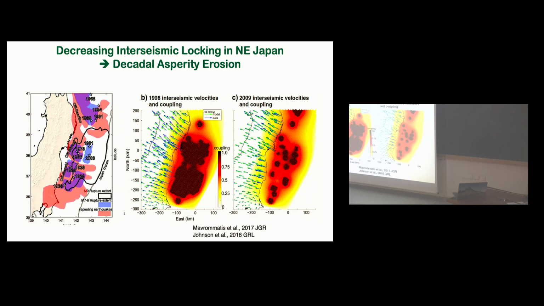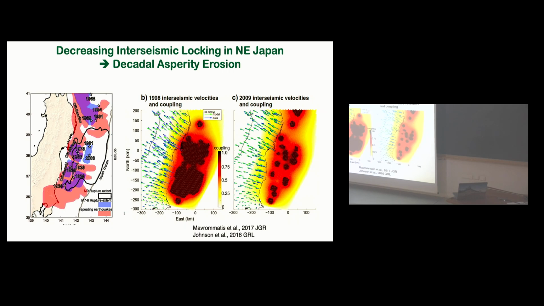So here there was apparently a decadal scale, over about a 20-year time period, decrease in landward velocities, and decrease in coupling as a function of time over that kind of decadal time scale.